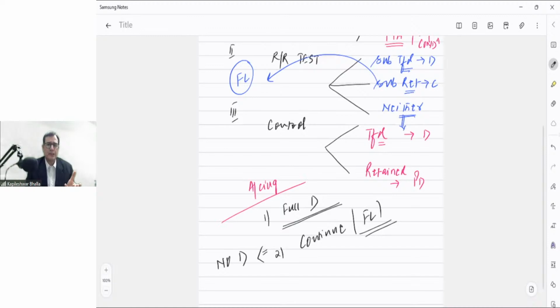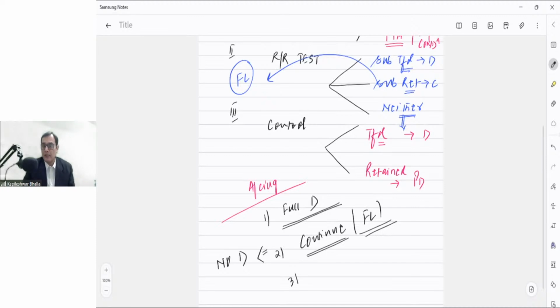This would typically be a situation where the cash flow test is met, it's been transferred, and the risk and reward is substantially retained. So in this case, you would see only one combination arising, when the cash flow test is met and the risk and reward is substantially retained. This would be the case where you would continue to show the financial assets in the books, and the consideration received is going to be technically recognized as a financial liability.